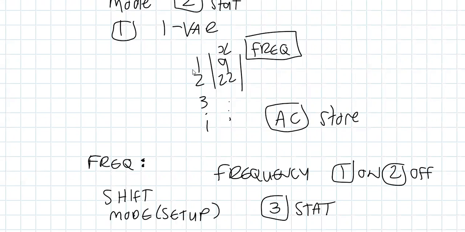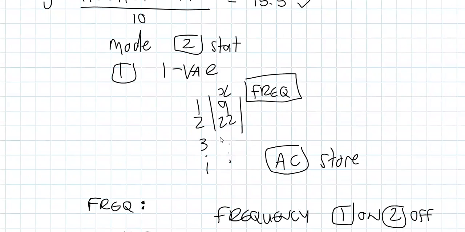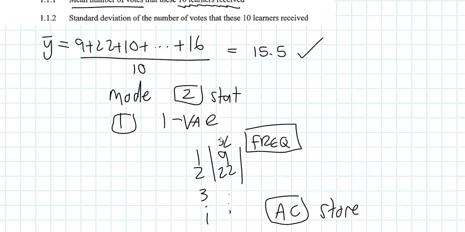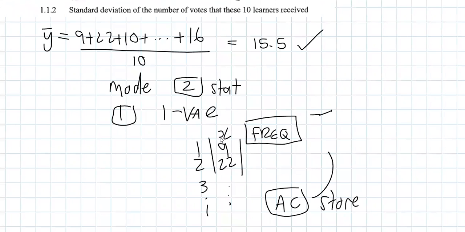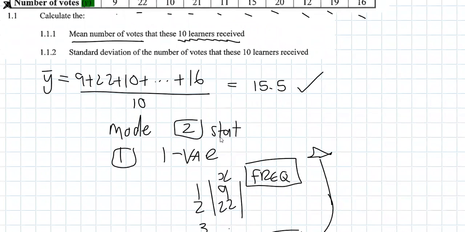If you go back to your mode stats and press 1-var, number 1, then your frequency column should be there. If you do it this way, you should get the same answer. It'll automatically add it all up for you. Once you've inputted all your information, press AC and then go to shift stat, which is above number 2.